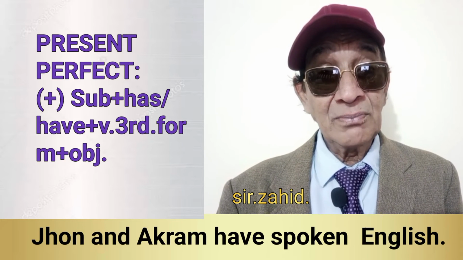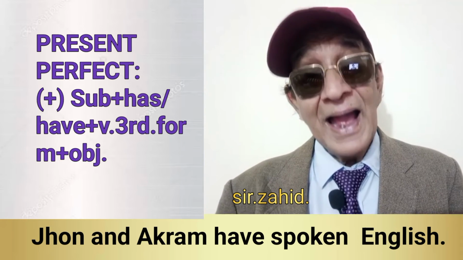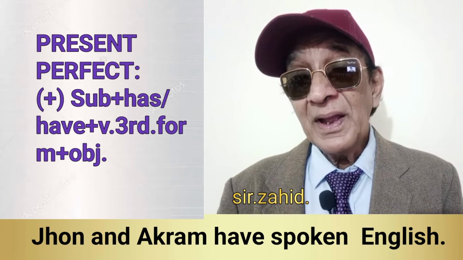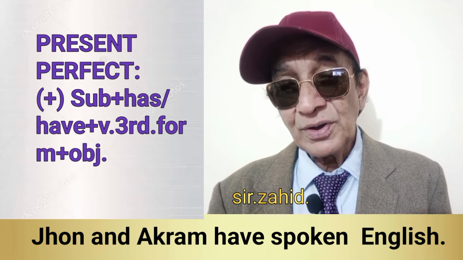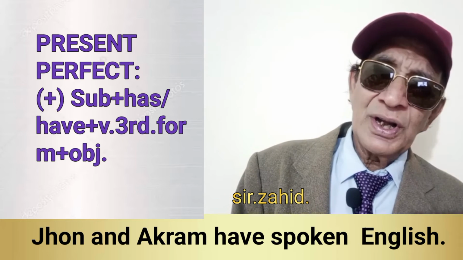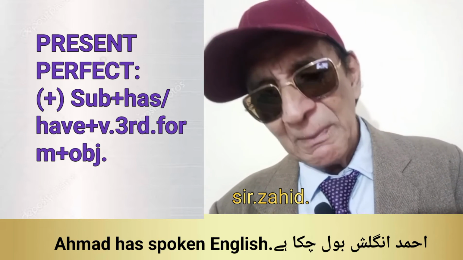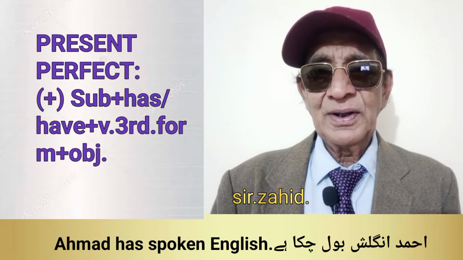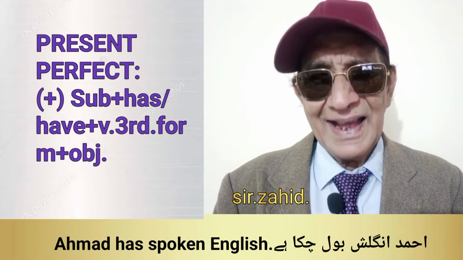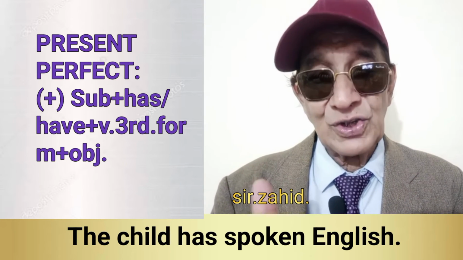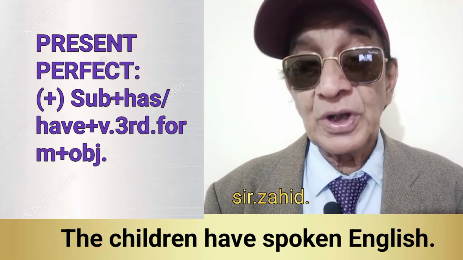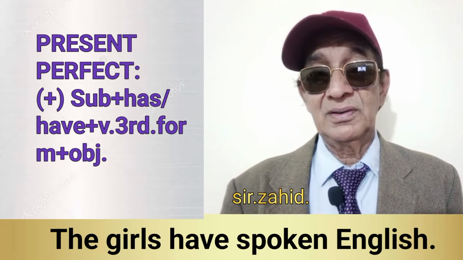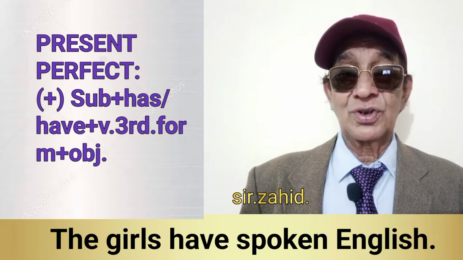John and Akram have spoken. The child has. Akram has spoken English. Ahmad has spoken English. My mother has spoken English. My father has spoken English. The child has spoken English. The child, it is singular number. The children have spoken. The girls, more than one girl, have spoken English.